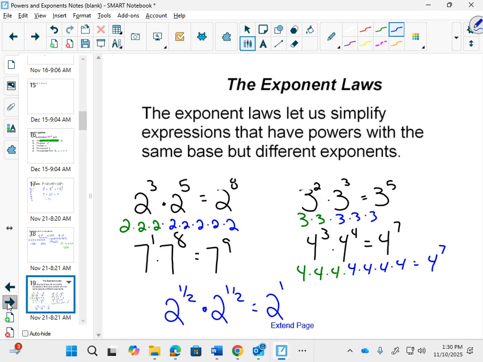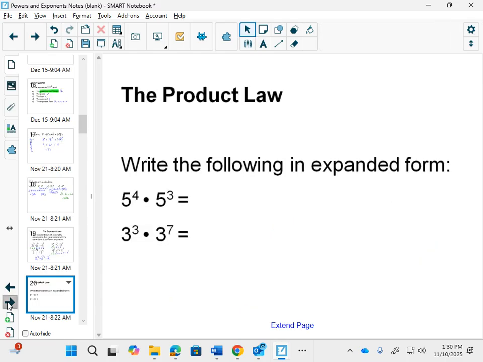But if we know why they work, and this one is the easiest one to see why it works, then it makes sense when you write it in expanded form that if you had 3 here and 5 there, you would get 8 in total. And this is our first exponent law, called the product law. So again, I'm going to show this in 2 different colors.